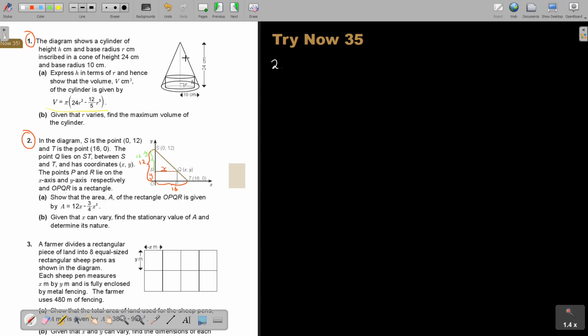Okay, it's almost the same as in this example. We were taking just the two-dimensional out in the previous example; in this example, they are just giving it to you. So we're also going to make use of similar triangles. So we're going to say that triangle OST, and I'll show you now, is similar to triangle RSQ.